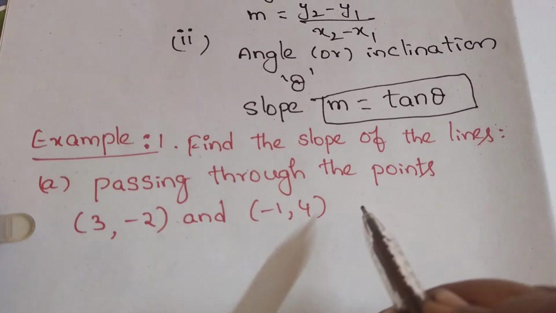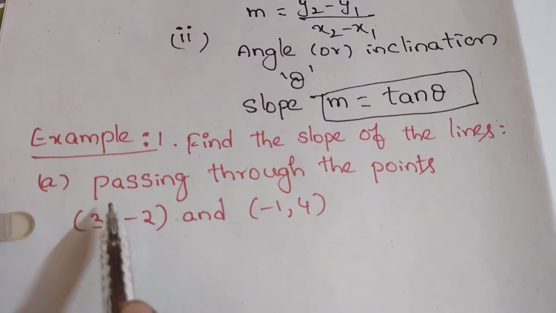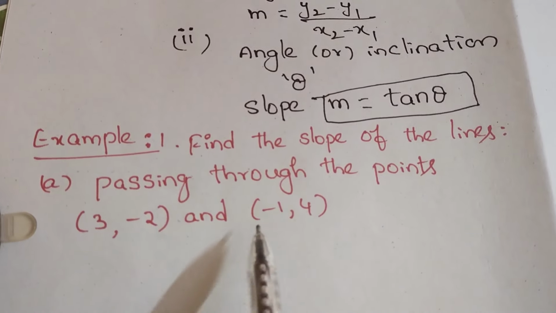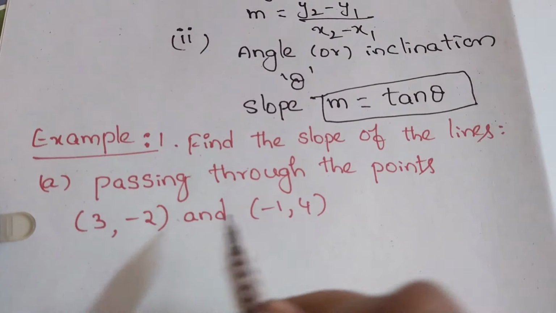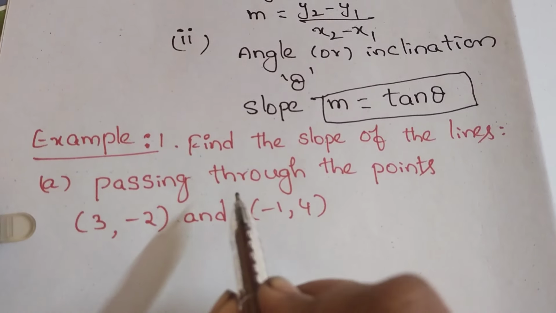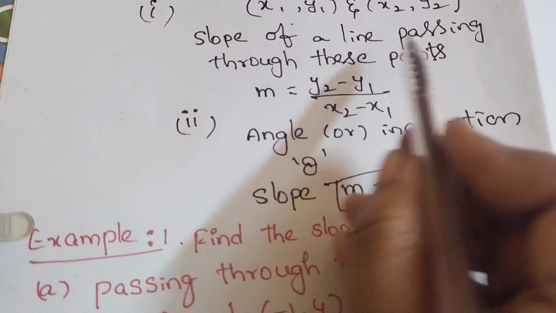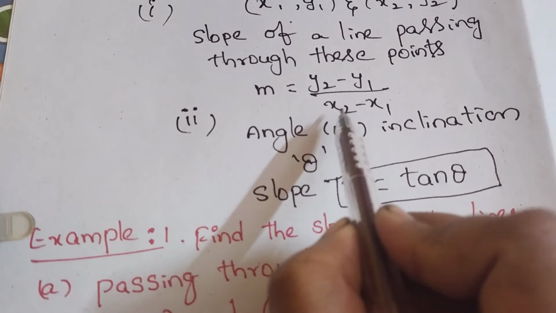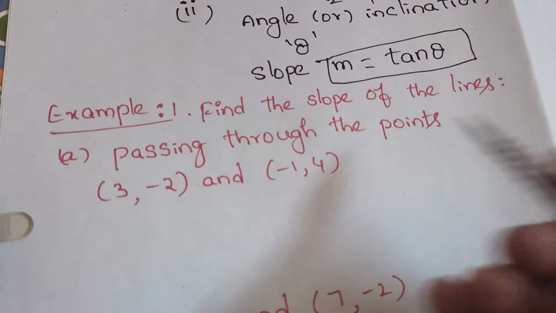Example 1: find the slope of the line passing through the points (3, minus 2) and (minus 1, 4). Previously I said that when you know two points, the slope is m equals (y2 minus y1) by (x2 minus x1). So now you identify x1, y1, x2, y2.